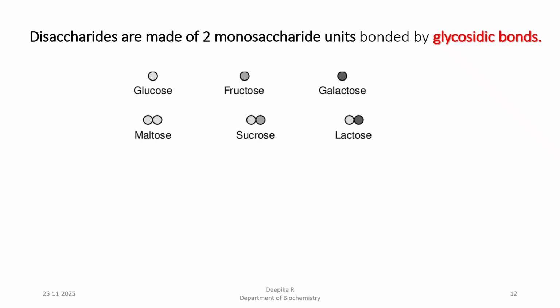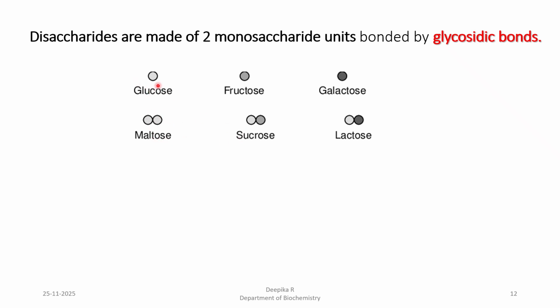These disaccharides are mainly composed of monosaccharide units only. Here is the basic example. Maltose, sucrose, lactose: these three are examples of disaccharides. If two molecules of glucose are combined by a glycosidic bond, we call it maltose.